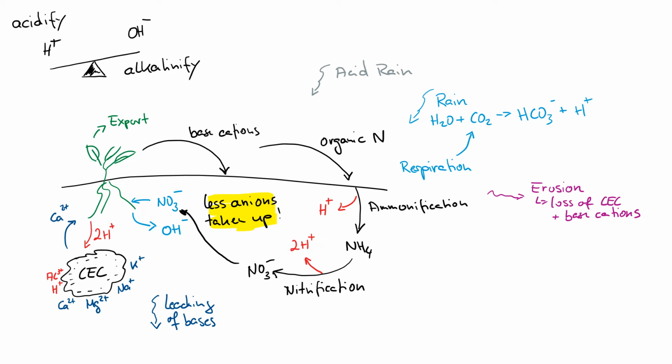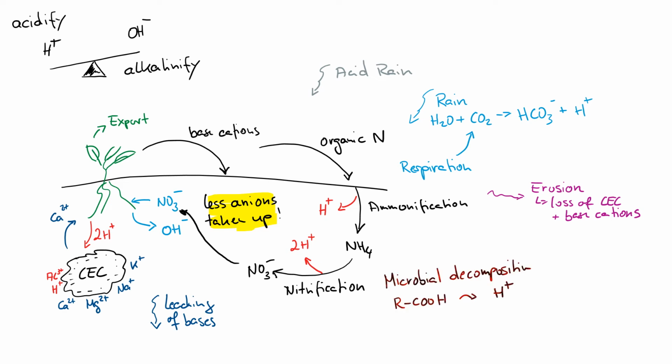And then erosion, as another natural and man-enhanced process, also will tend to acidify the soil, and that is because with erosion we are moving cation exchange capacity off-site. So think about organic matter being moved off-site by erosion, and then with this CEC we also lose the base cations that are attached to these CEC sites.